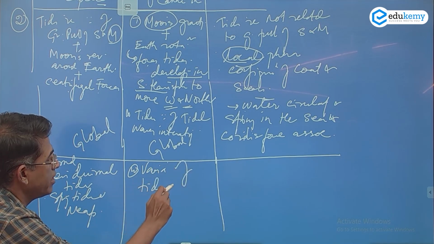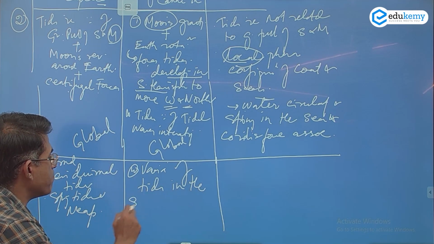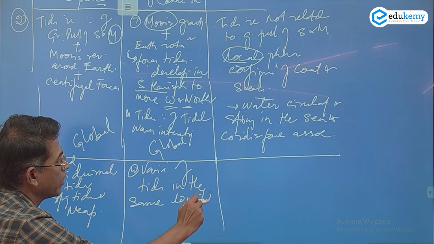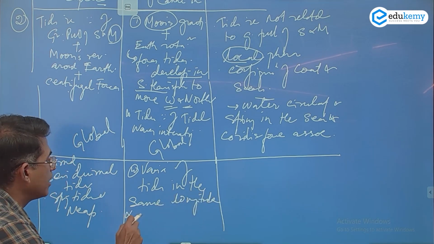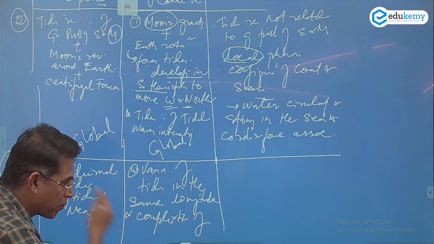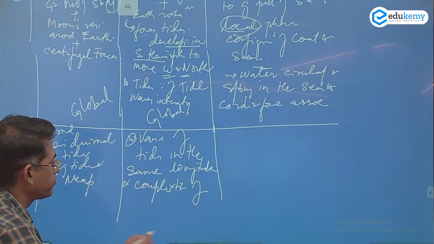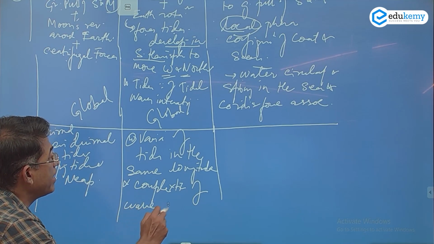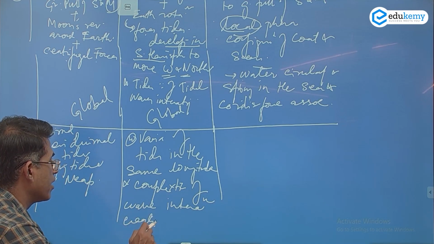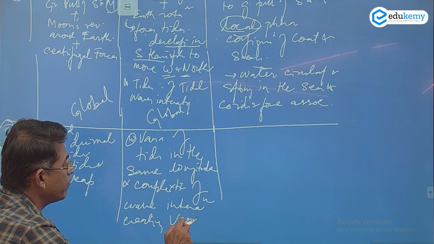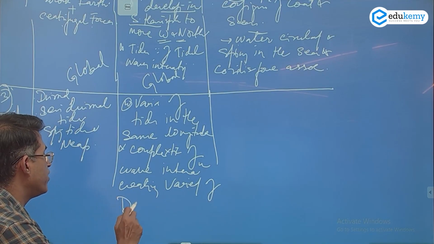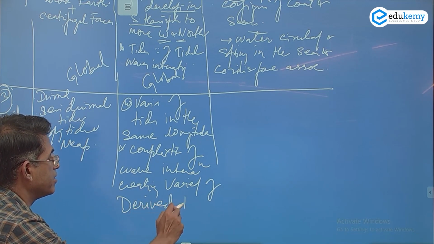The merit of this theory is that it can explain the variations of tides in the same longitude, and the complexities of wave interaction creating a variety of derived tides.